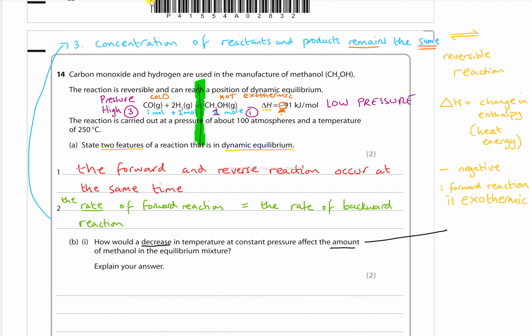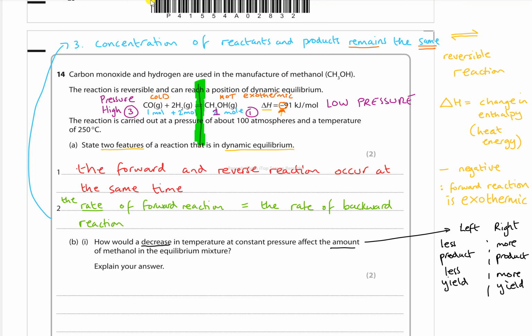Right, so what they're trying to say here is which way would the equilibrium shift? Which direction? Does it go left or does it go right? If it goes left, you get less product, or less yield. If it goes this side, you've got more product, more yield.